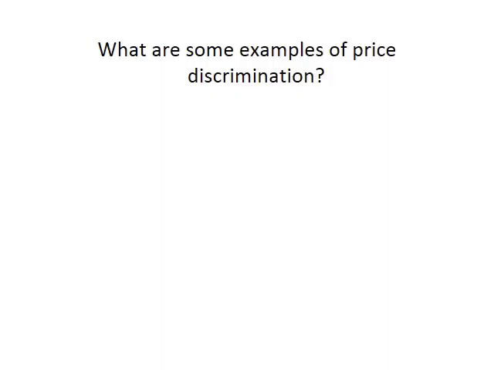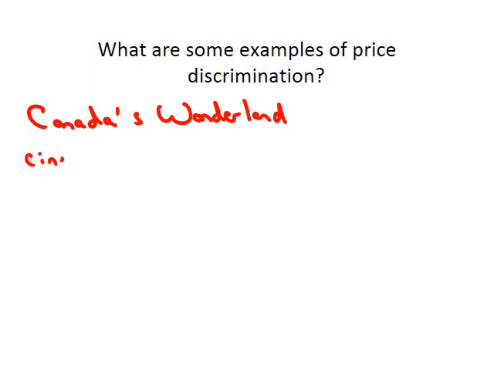So what are some examples of price discrimination? Well, I'm sure you've seen it at Canada's Wonderland, where students or youth have a different price than adults and children have a different price. You've seen it in cinemas. You see it on the TTC.